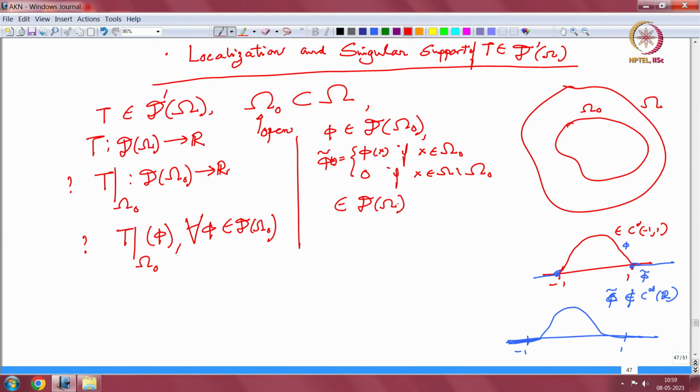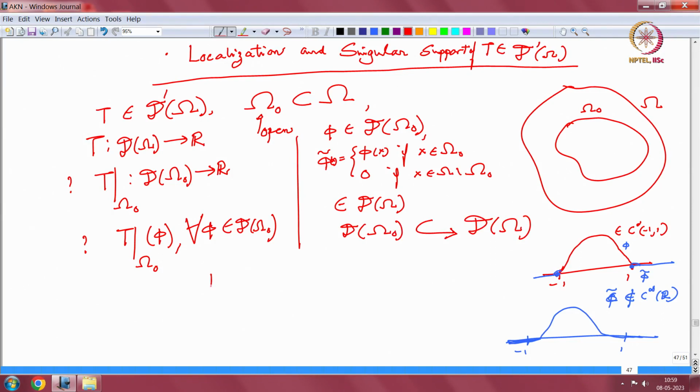When you do some simple things, you have to make sure that you are not making any fault. And then you also have the continuity, and with that continuity you can see that your D omega naught is continuously contained in D omega. So always see this continuous embedding when you are doing such work.